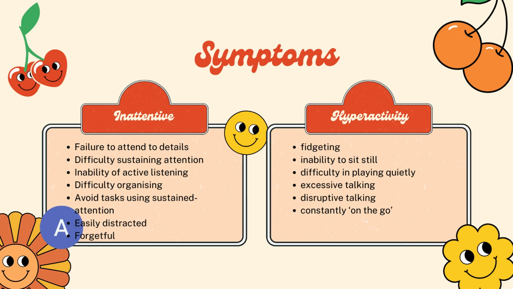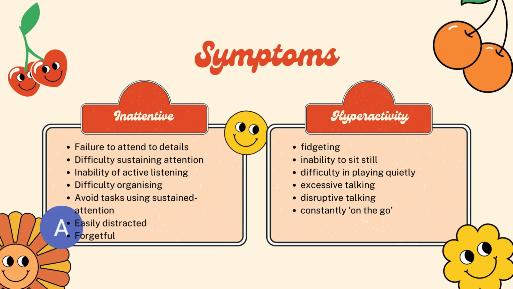So it's very difficult to ask children who have the hyperactivity symptoms of ADHD to sit on a chair, to sit down at the dining table and wait for food, or to sit down and wait. Difficulty in playing quietly. So they tend to have big actions because they're very active. For example, if you were to leave them in the library and ask them to play by yourself quietly, please, they tend to show difficulty in following these instructions.